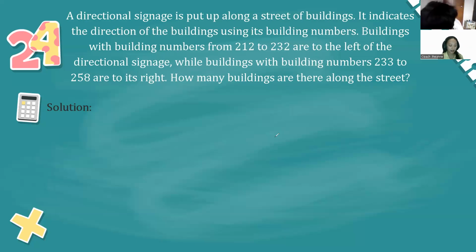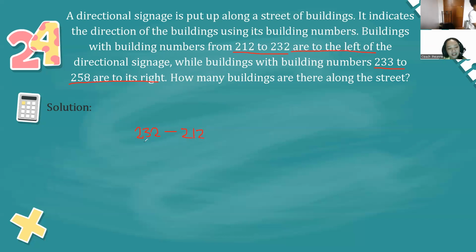So what are we going to do here? We have to subtract the number of buildings on the left, then add it to the difference of the buildings on the right. So we have 232 on the left, 232 minus 212.